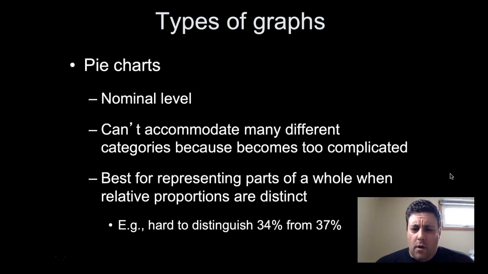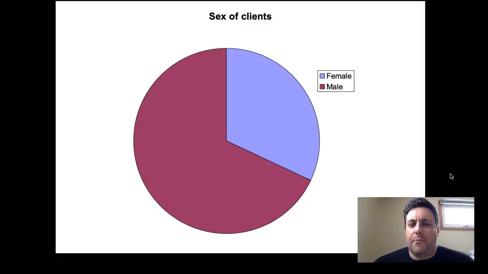So with graphs, there's a little bit of a judgment call, as always. The other thing that pie charts don't do is tell us about the total. Bar graphs tell us something about the total number of people in the data, but pie charts do not.